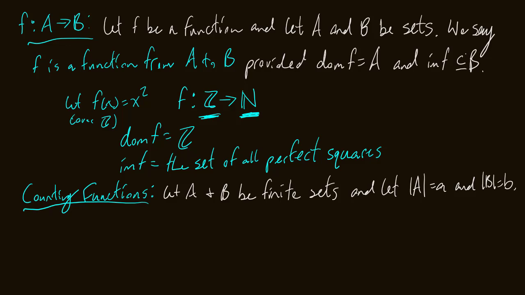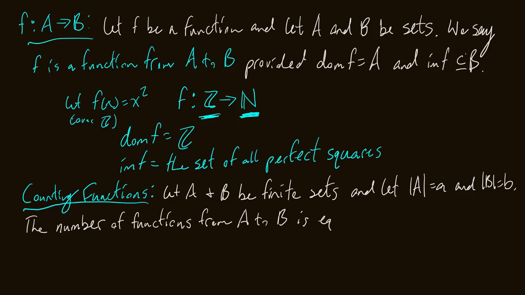Then I'm going to claim the number of functions from A to B is equal to, what is it going to be equal to? Little b to the little a power.